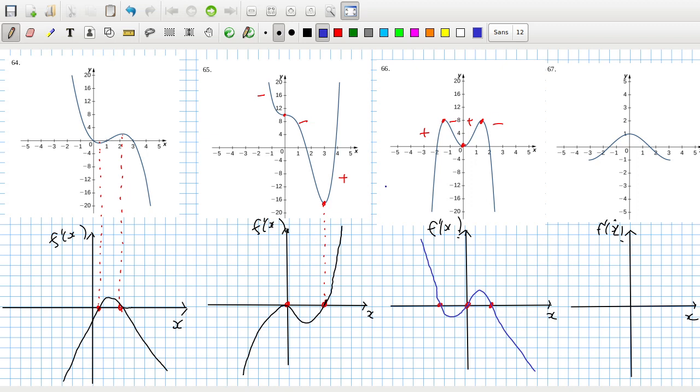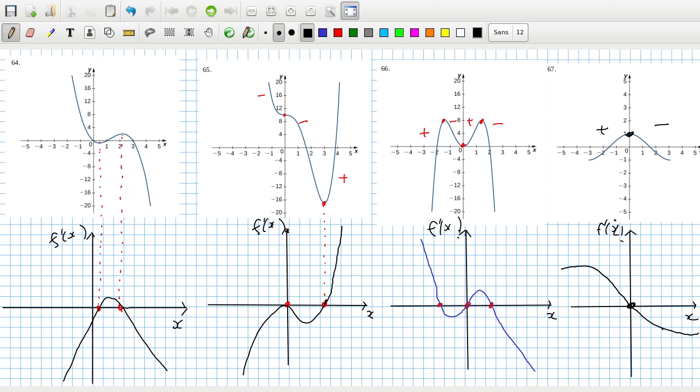I think that's okay. And then the last one here, 0 here, and then this one is positive and negative, but it's not a straight line like this, because this isn't quite quadratic. It's approaching 0 again here, so I feel like we wanted a shape like this.